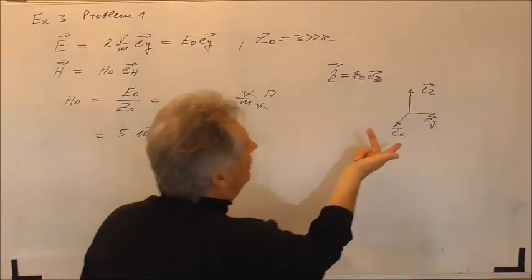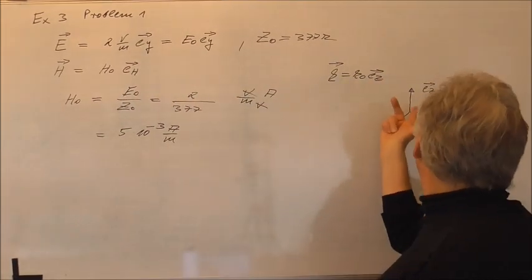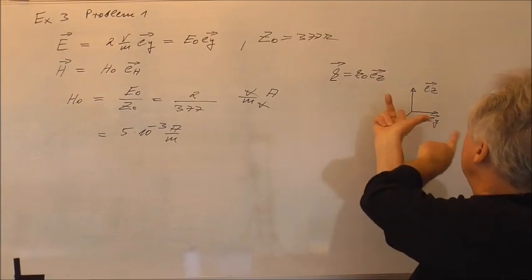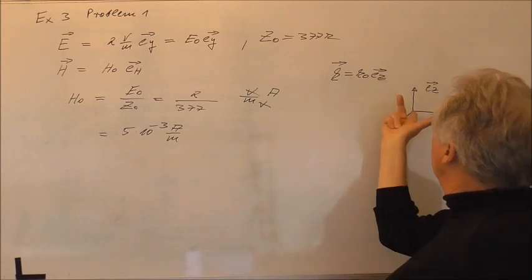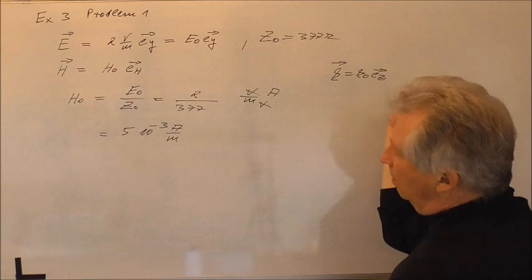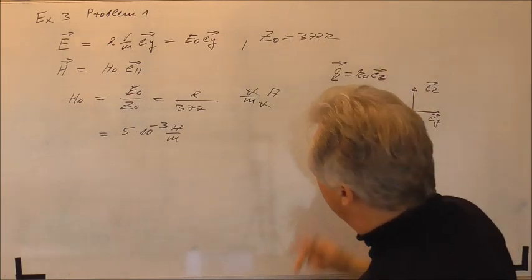So you see here, if I now use my right hand, the electric field points in the y direction and the pointing vector points in the z direction. So the magnetic field must point in the minus x direction.